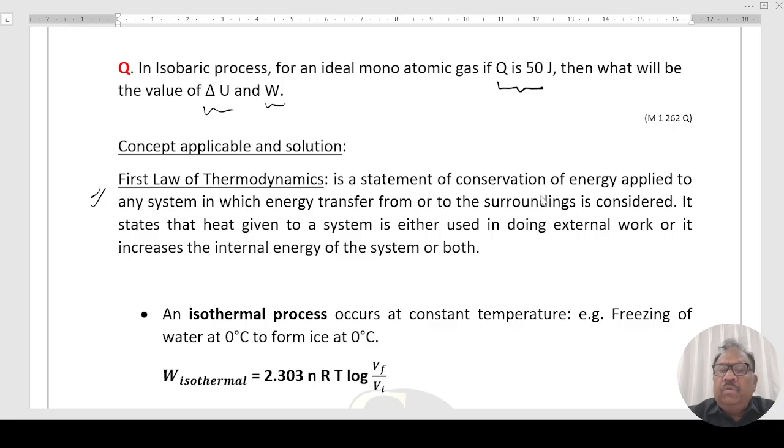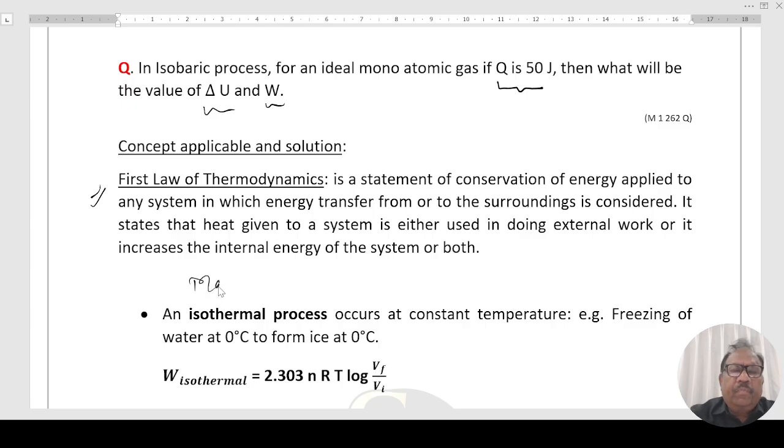It is a statement of conservation of energy applied to any system in which energy transfer from or to the surrounding is considered. It states that heat given to the system is either used in doing work or it increases the energy of the system, or both.